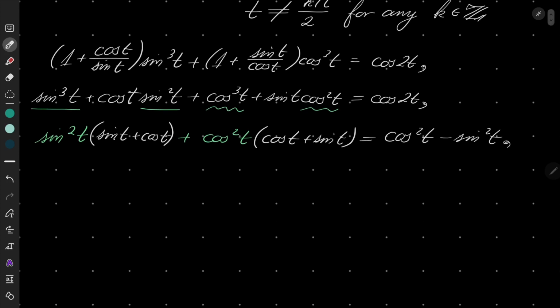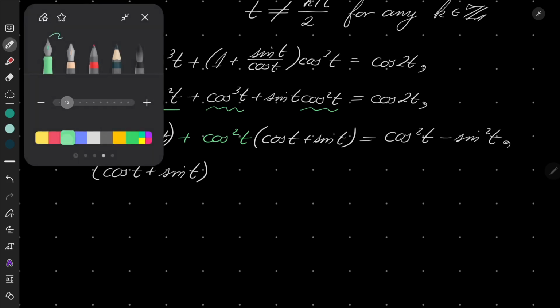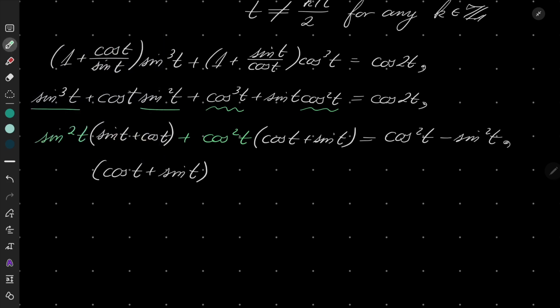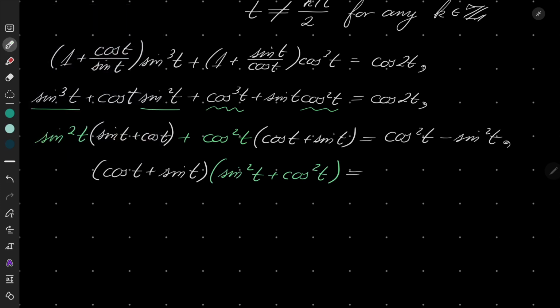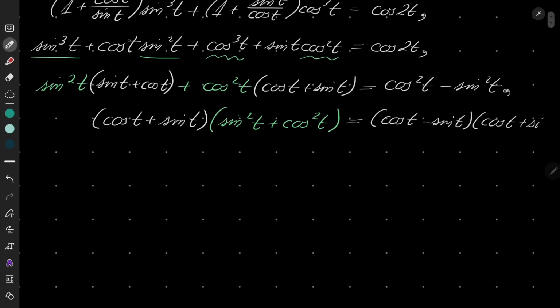Very well. And now let's look. We have a common factor right now, namely cosine plus sine, times sine squared plus cosine squared. On the right-hand side, after factorization, we have cosine of t minus sine of t times cosine of t plus sine of t.